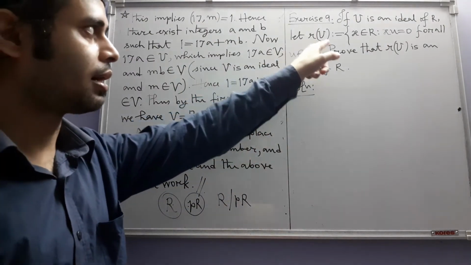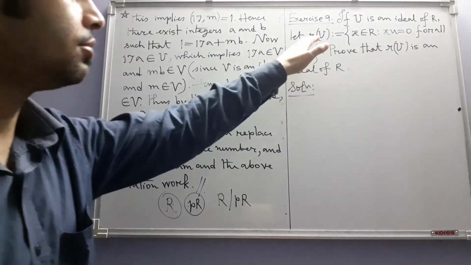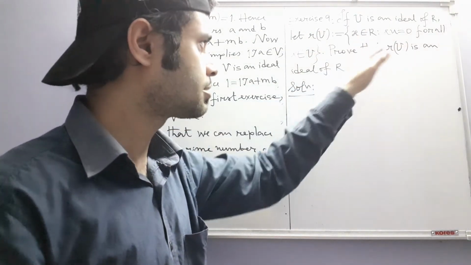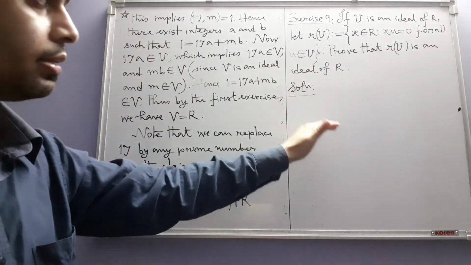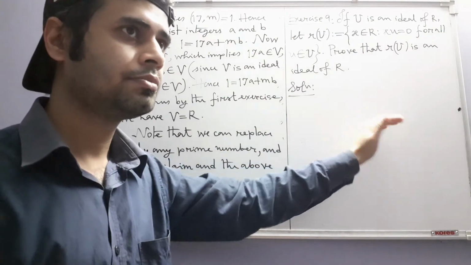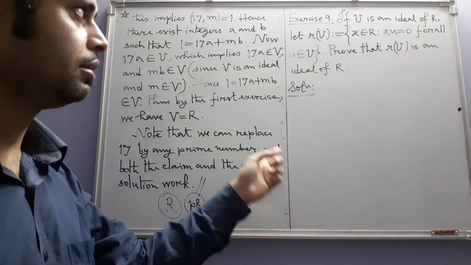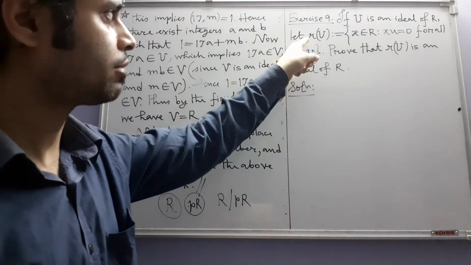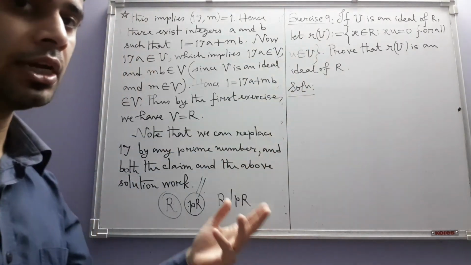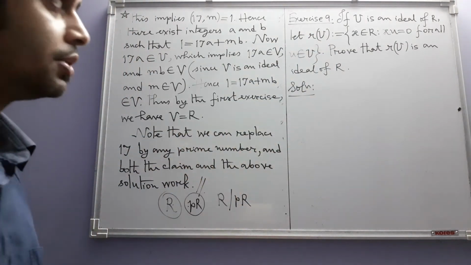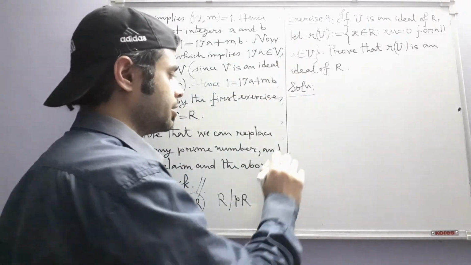First of all we show that RU is a subgroup of R under addition, and then we will look at the second condition for an ideal. But at the same time, make sure first that RU is non-empty. We have already discussed it in the previous video, or I think the one before that.